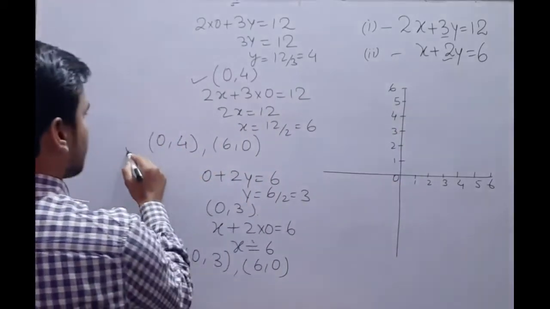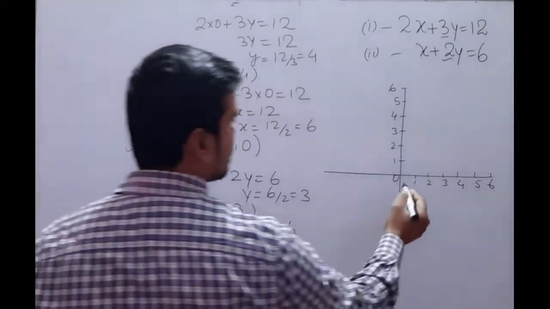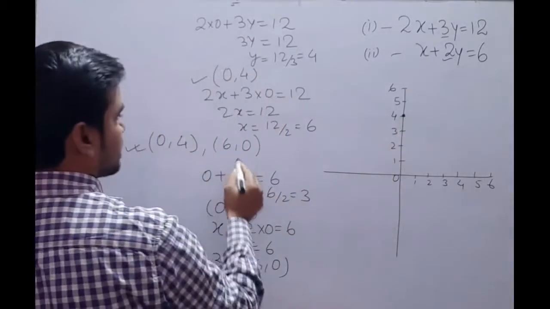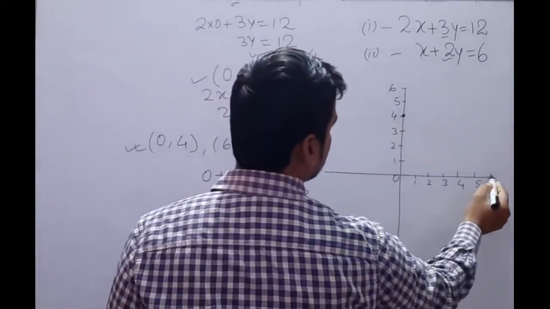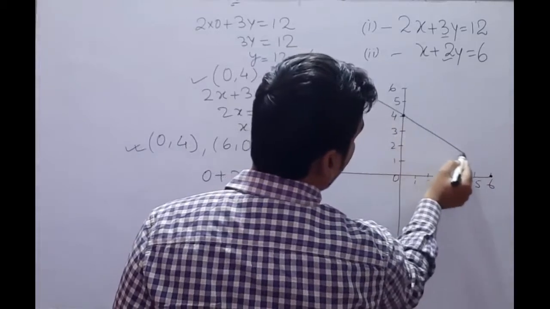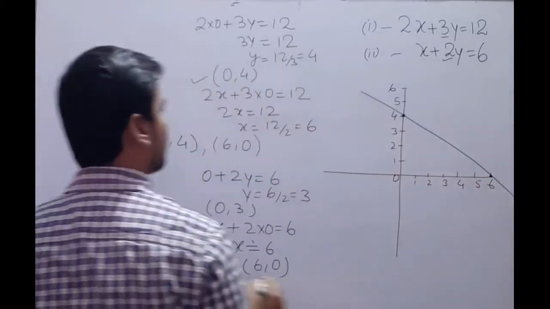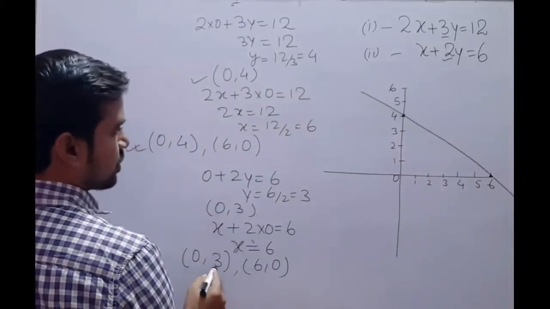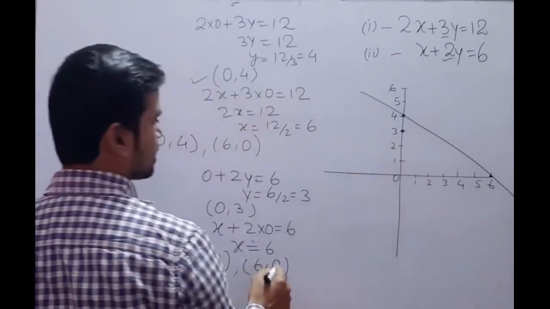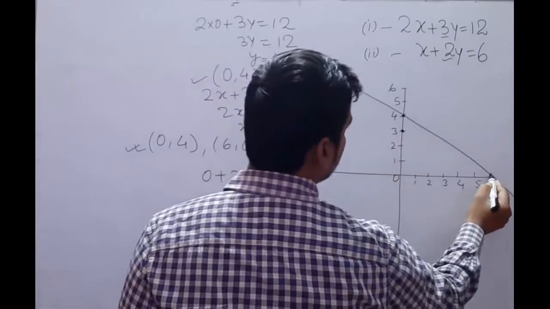For the first equation we have (0, 4), this is the point here, and (6, 0), the point is here. So we join a line. For the second equation we have (0, 3) and (6, 0).